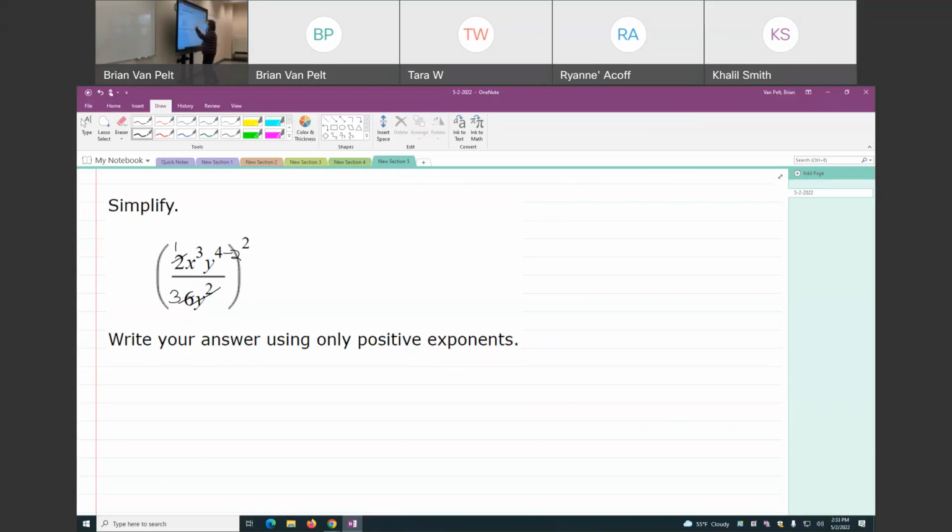I'll rewrite what I have here after my simplifying. I have x cubed y squared to the second power. And so now you can erase everything inside of there to the second power. So you can have y cubed to the second, y squared to the second.